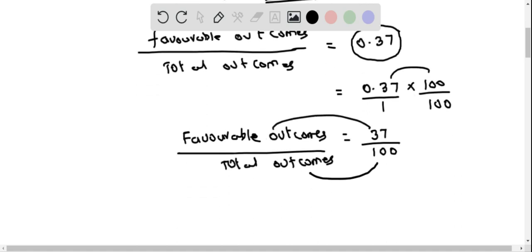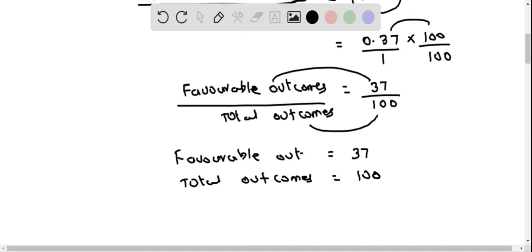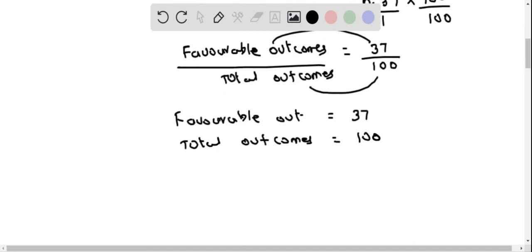So here we understand that favorable outcomes equals 37, and total outcomes equals 100. So we have obtained the favorable outcomes to determine the odds in favor of event E.